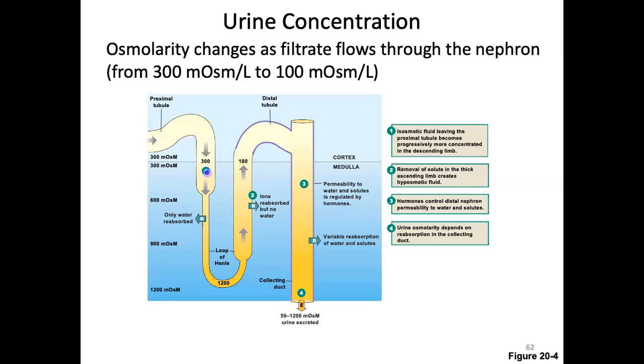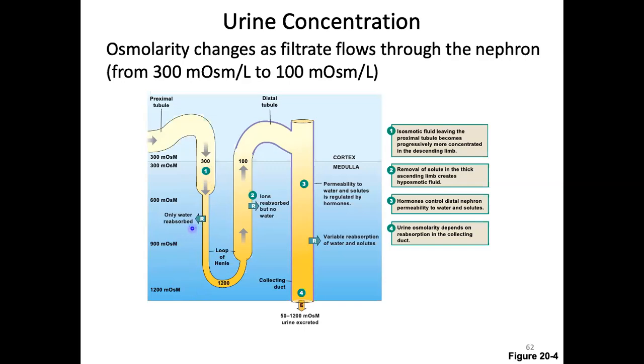Notice that when the urine filtrate goes into the loop of Henle, the descending limb, you're going to pull water from the loop of Henle into the interstitium. Why do we pull in water in the descending limb?